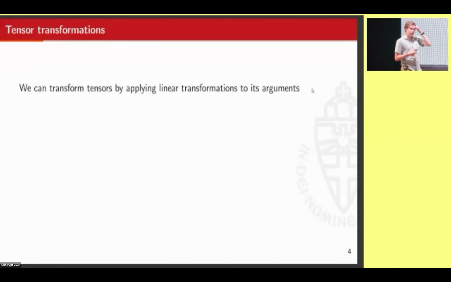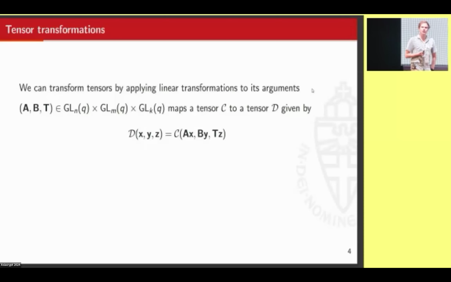And because we want to look at isomorphism, we need to have some kind of maps between these tensors. And these maps we define by an action of GL times GL times GL, given by a matrix triple (A, B, T). We just apply the linear transformations A, B, and T to the arguments.